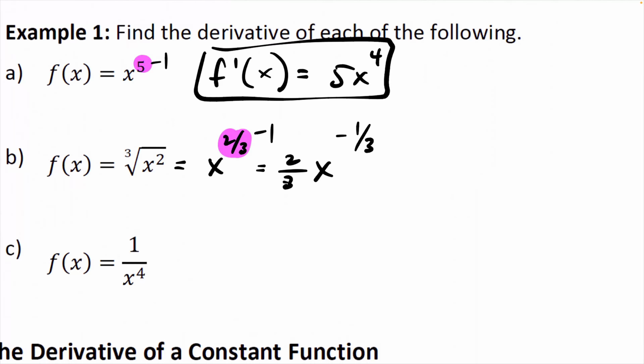So how do I make that exponent positive? Move it to the bottom. So really this is the correct way to write it. They're all the same, but the last one here is the most correct answer, with a cube root.